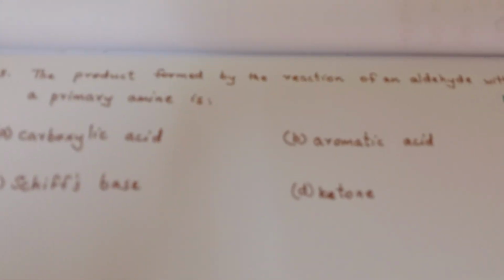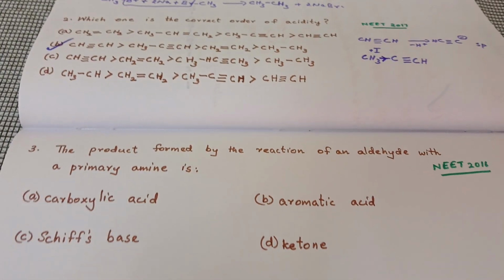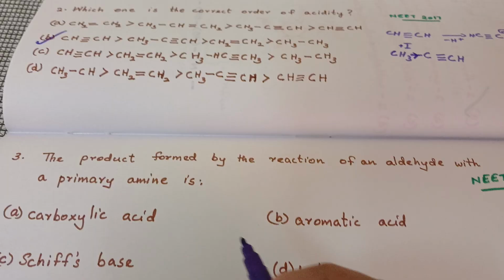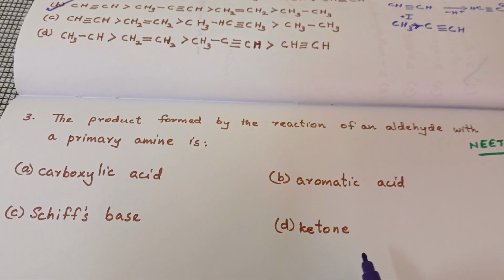Third question, the product formed by the reaction of an aldehyde with a primary amine is.